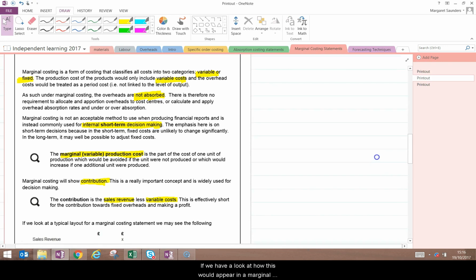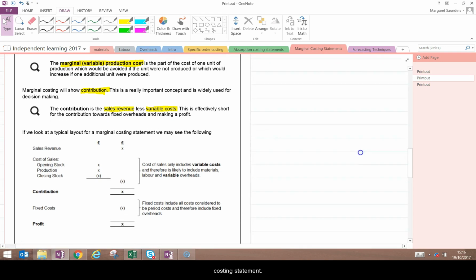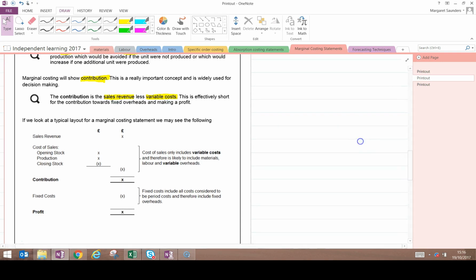So let's have a look at how this would appear in a marginal costing statement. Within this layout, you will see we start with the sales revenue.